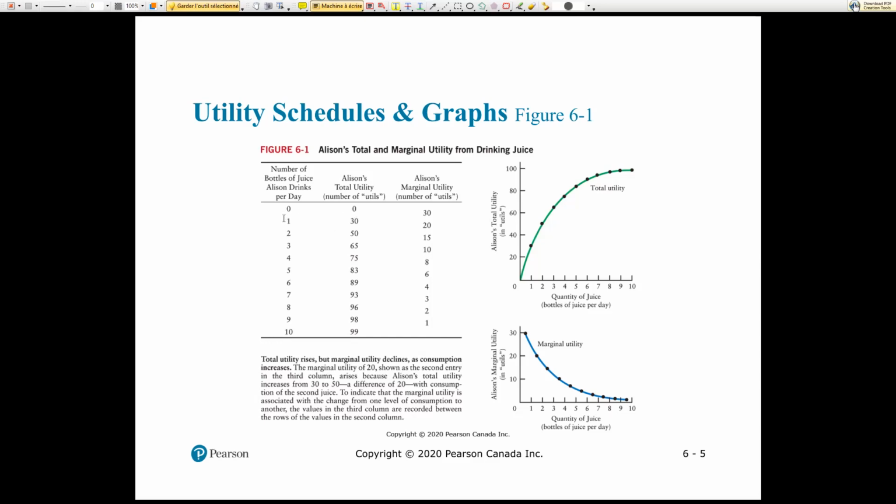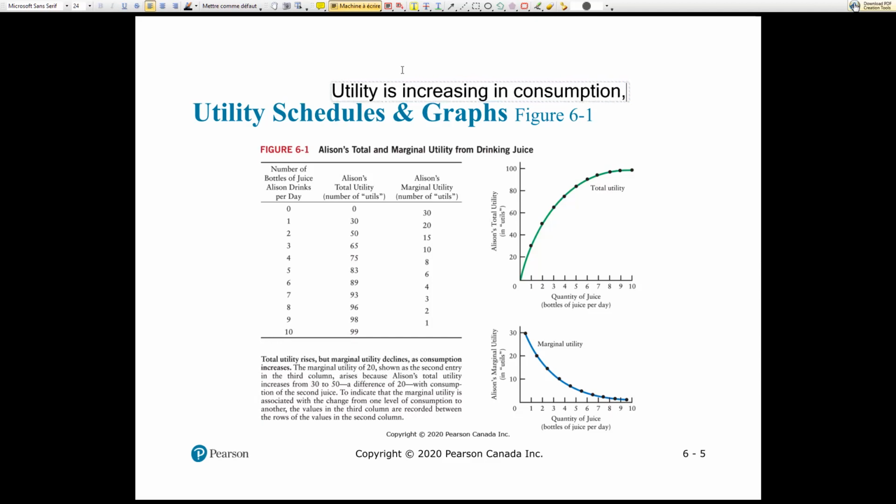The important thing is, first of all, you see that with 1 drink, 2 drinks, 3 drinks, the total utility increases: 0, 30, 50, 65, 75. So the main property is that utility is increasing in consumption.